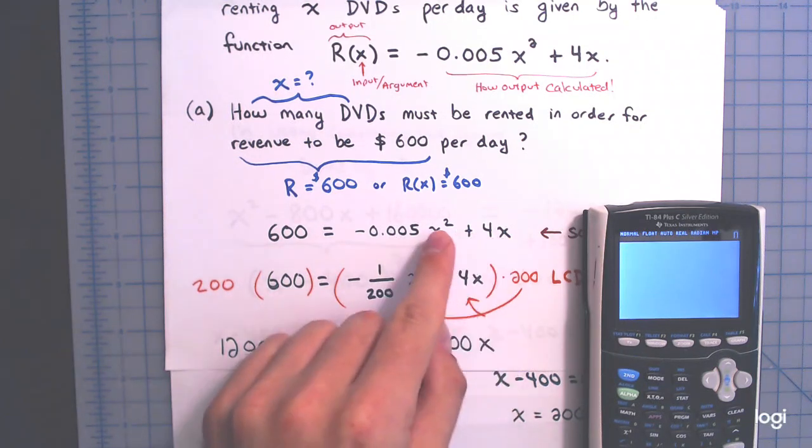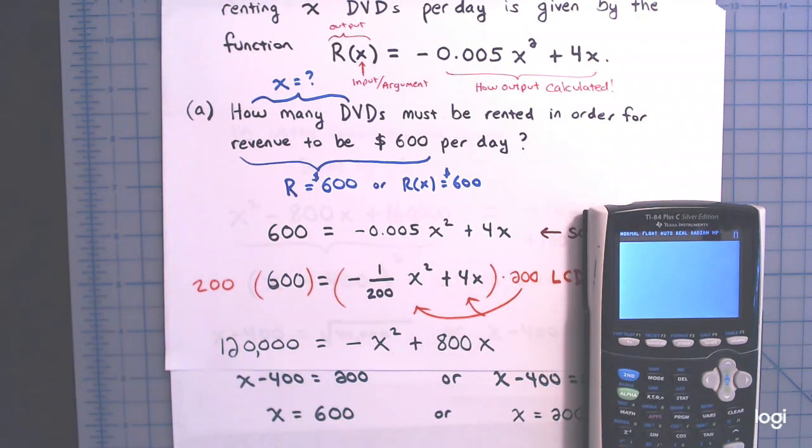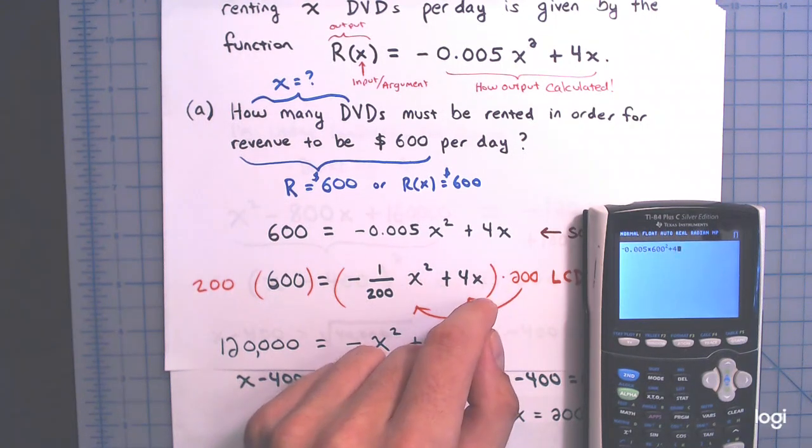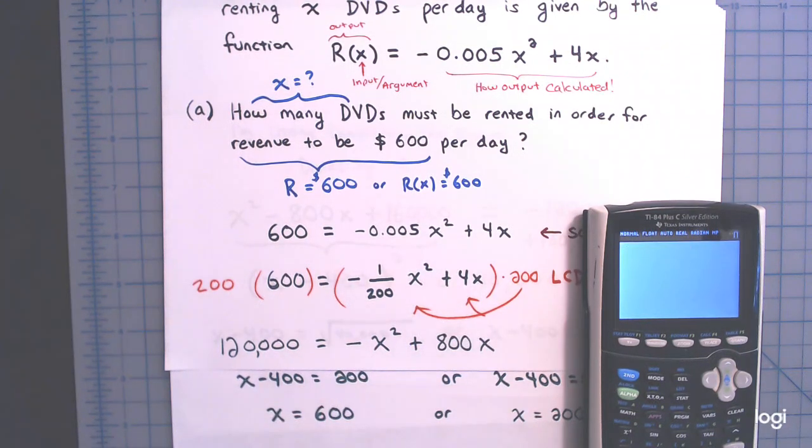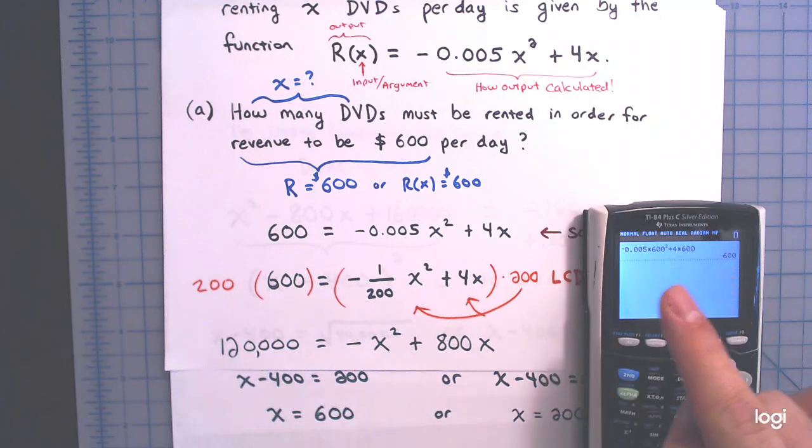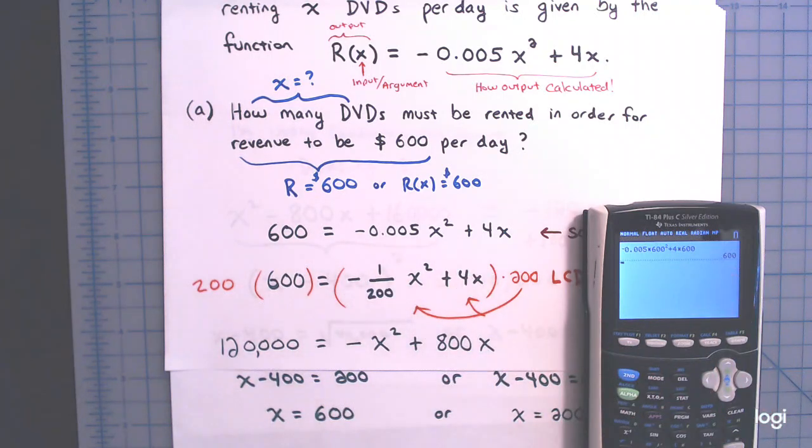Let's punch them in the right side with the variable and see if we get 600. So negative 0.005 times 600 squared, I'm checking the first solution, 600, then plus 4 times 600. And I'm getting 600. So 600 equals 600. This is a good solution, 600 for x.